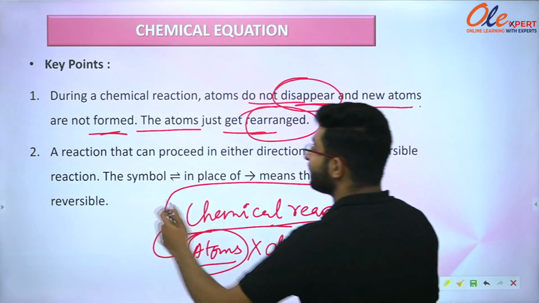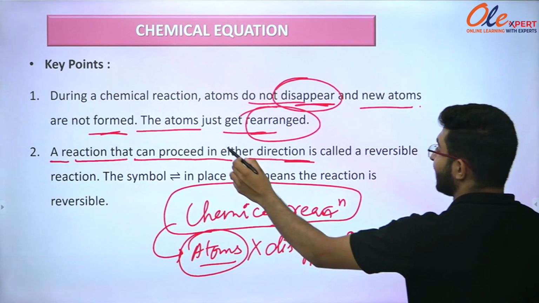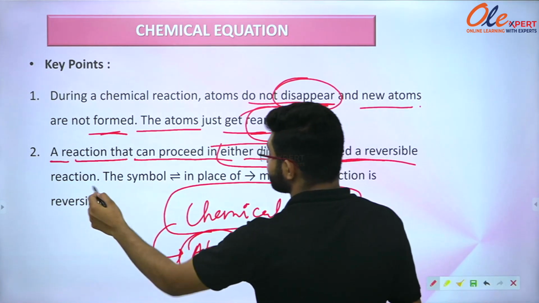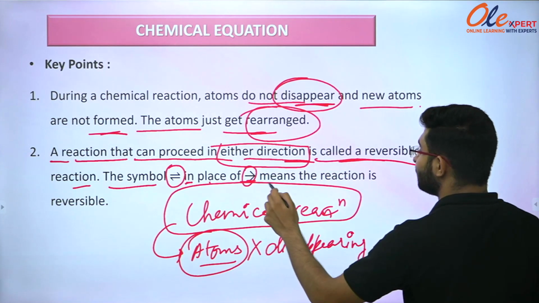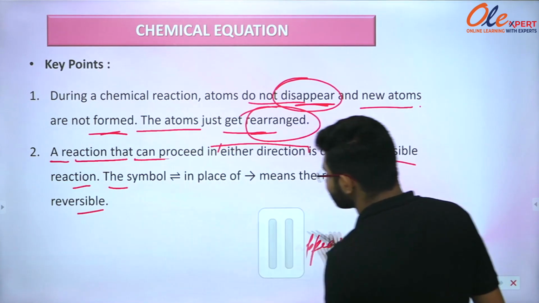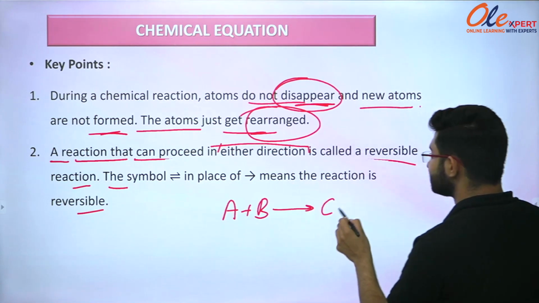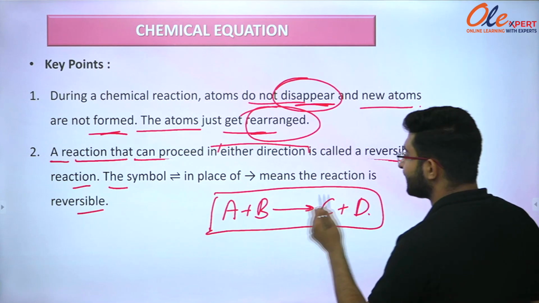The next point is that a reaction that can proceed in either direction, meaning in both directions, is called a reversible reaction. This symbol in place of the arrow means the reaction is reversible. If I take the reaction A plus B produces C plus D, it means the reaction is forward directed.